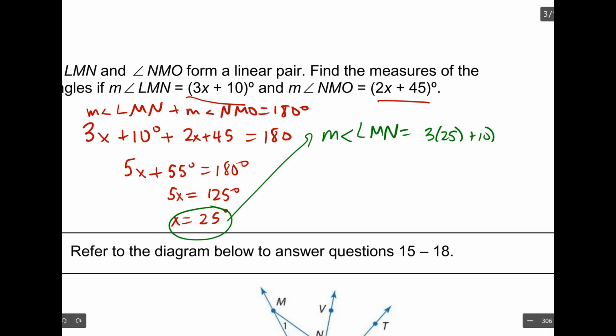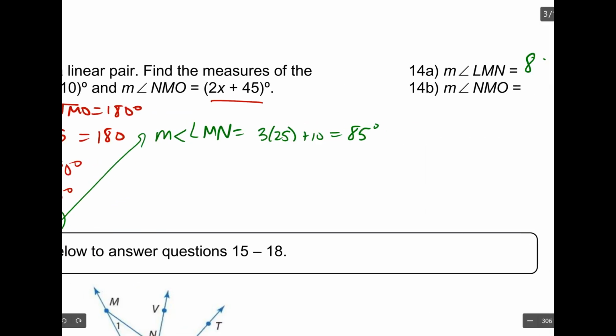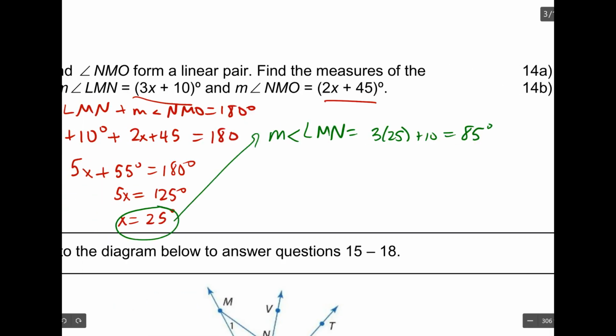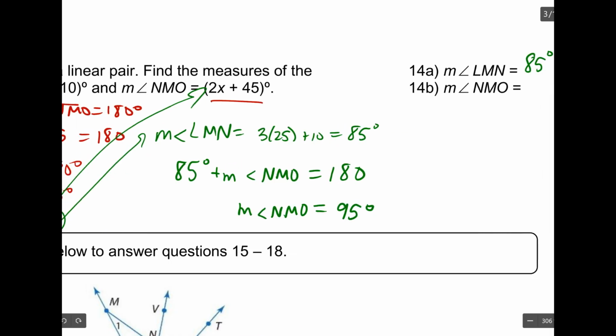So if you have 3 quarters, you have 75 cents. 75 plus 10 is going to be 85. So LMN is 85 degrees. And we know that 85 degrees plus whatever the measure of NMO is will be 180. So you subtract 85 from both sides, you find the measure of NMO is 95 degrees. Or you could just plug in your x value into that and you would get the same thing.